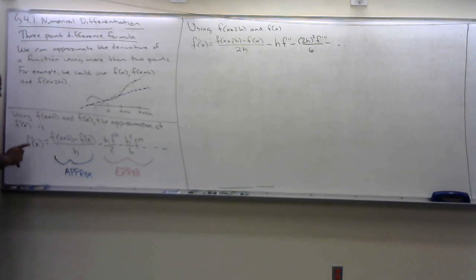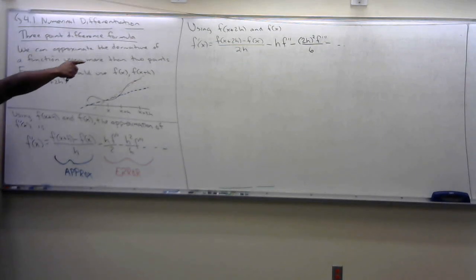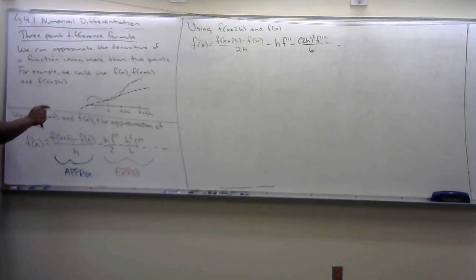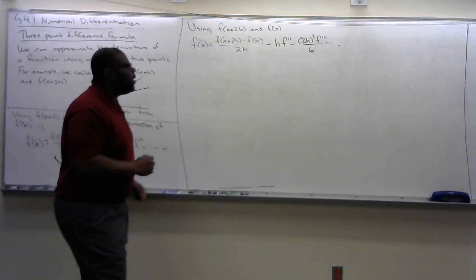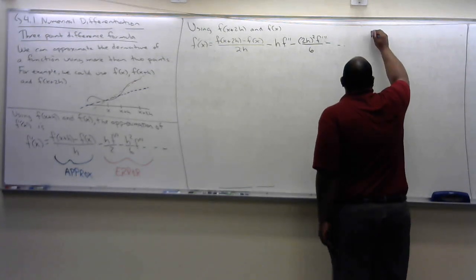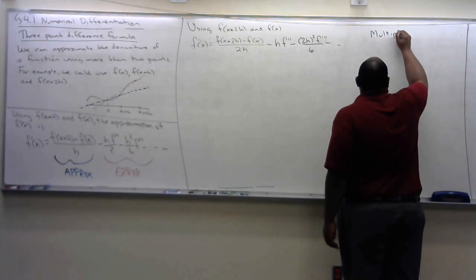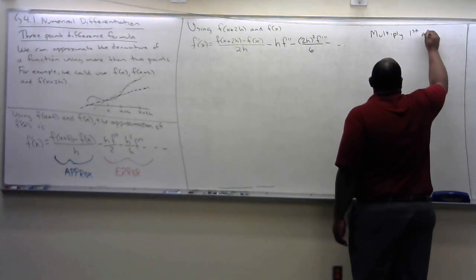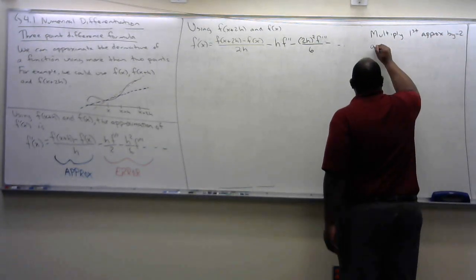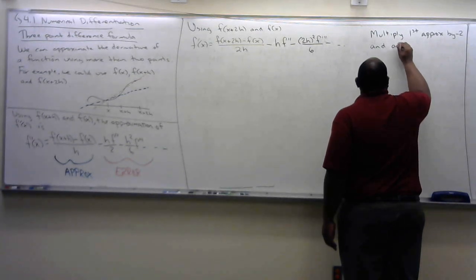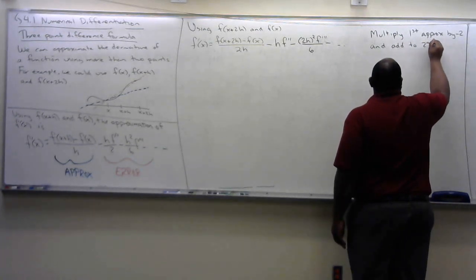So what I'm going to do is multiply the first approximation by -2 and add it to the second approximation.